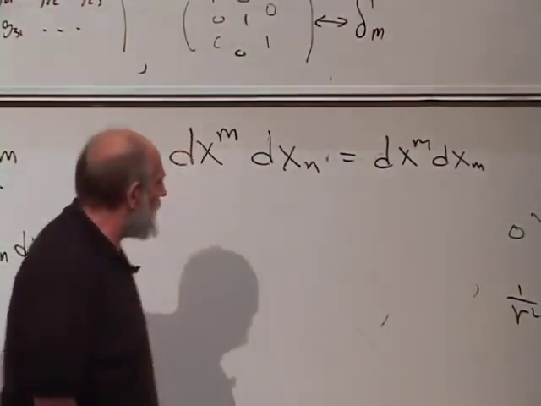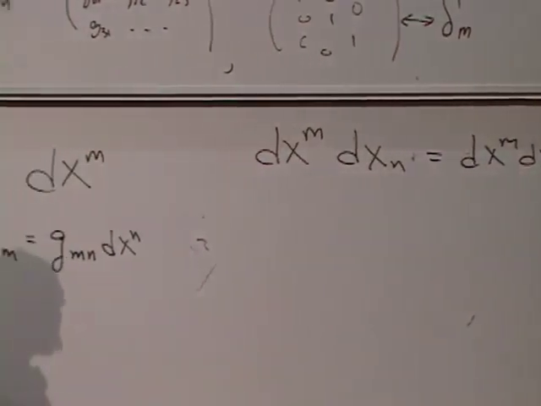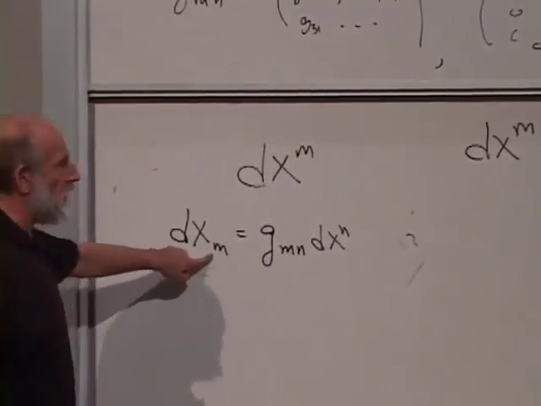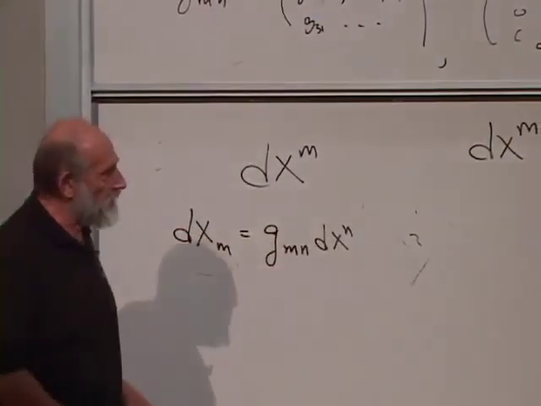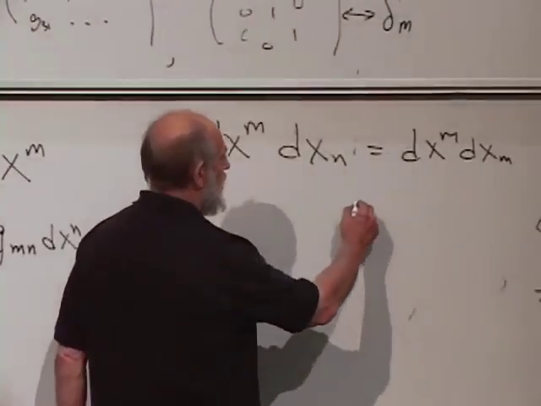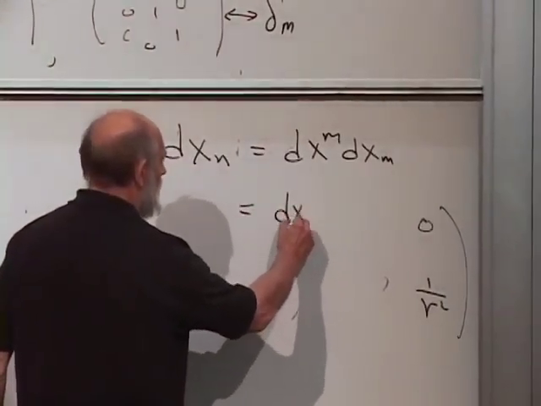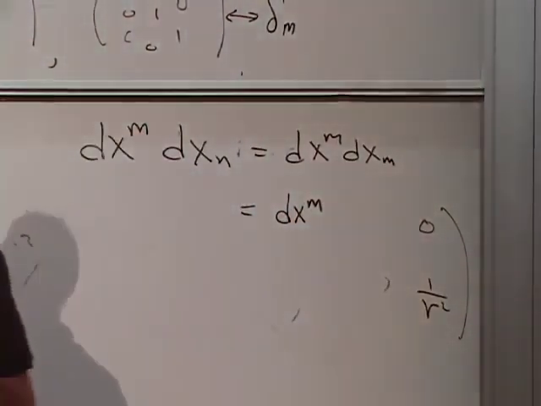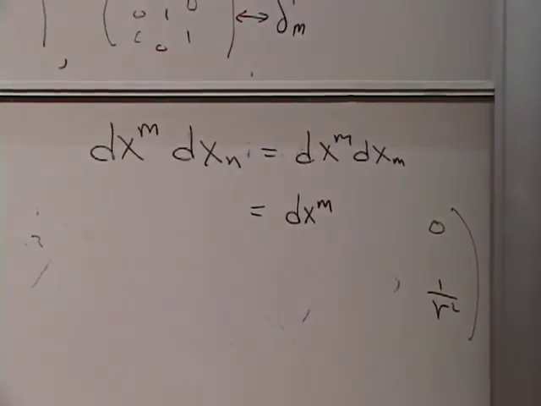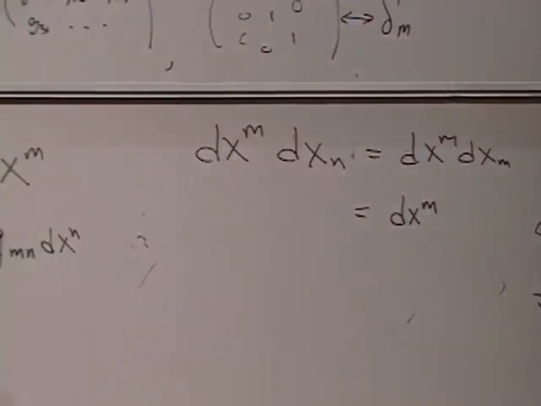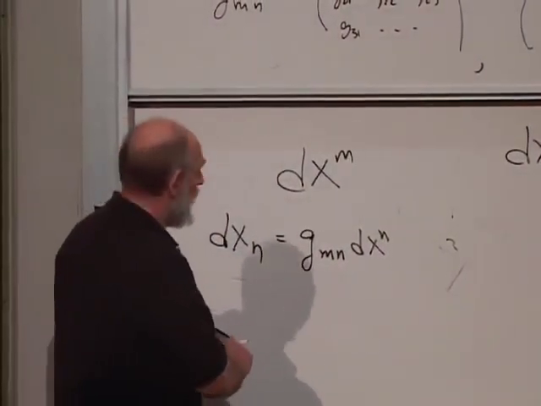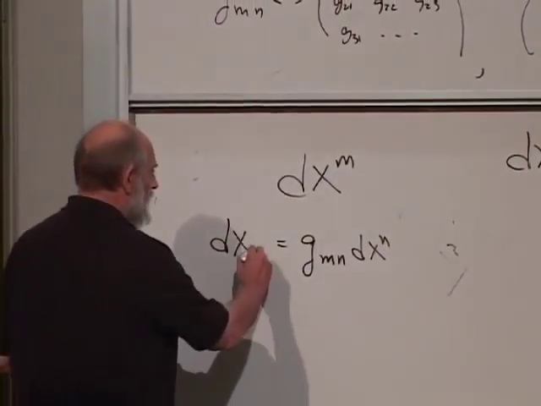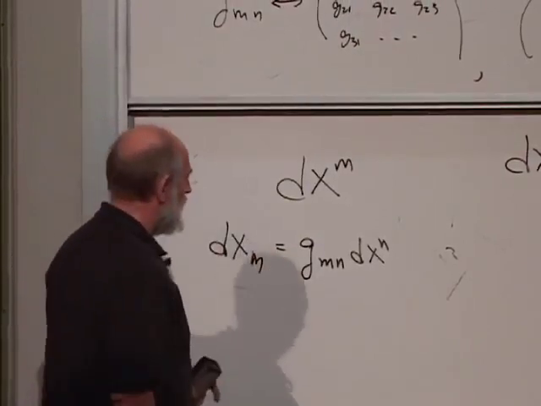So this object is a scalar, but now let's rewrite it by using that dx with the lower m is g_mn dx^n.